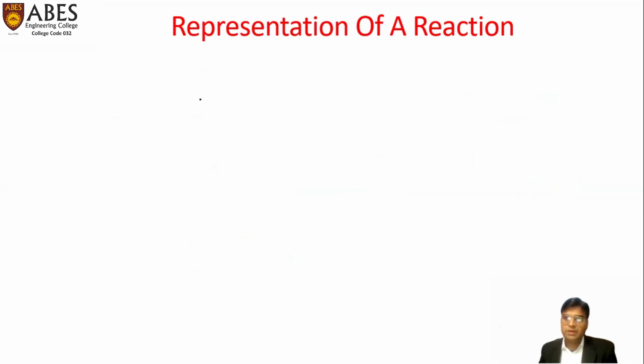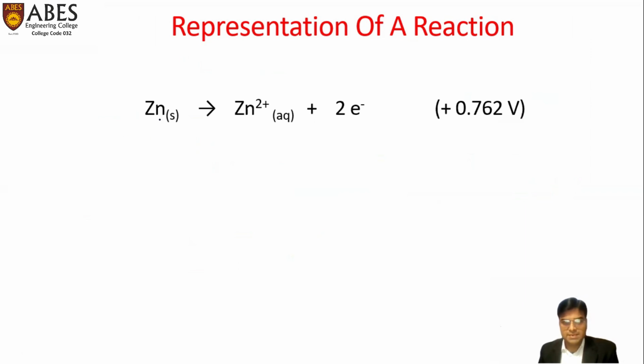Now we shall see how we represent a reaction. Generally, in electrochemistry, all the reactions are represented as the reduction reaction, and the potential associated with them is shown as the reduction potential. For example, this is a reaction in which zinc is undergoing oxidation, losing some electrons, and the oxidation potential associated with it is 0.762 volt. So this reaction can be shown as a reduction reaction by reversing the reactants and the products and the sign of the potential.